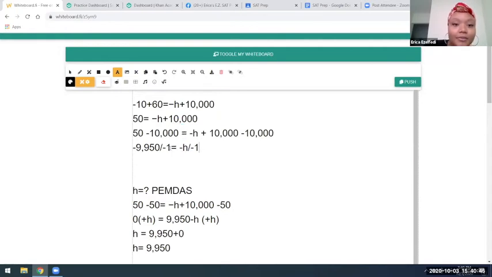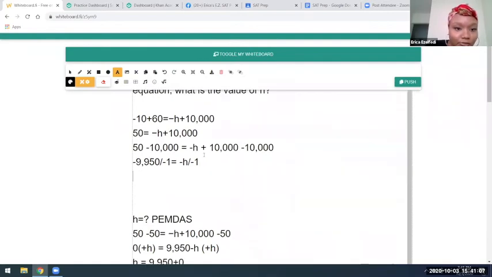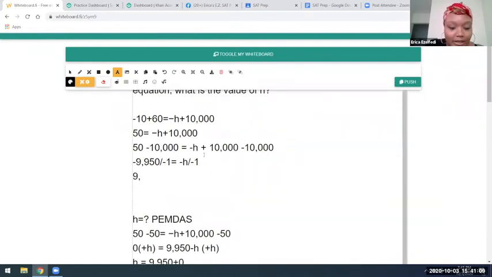Now, because H is negative, we want to get rid of that negative because we want to just find out what H is. That was the goal of our question. What is the value of H? It didn't say what is the value of negative H. So to do that, I believe Divya suggested we divide by -1 to get rid of the negative sign, which is right. So divided by -1, we have 9,950 equals H.